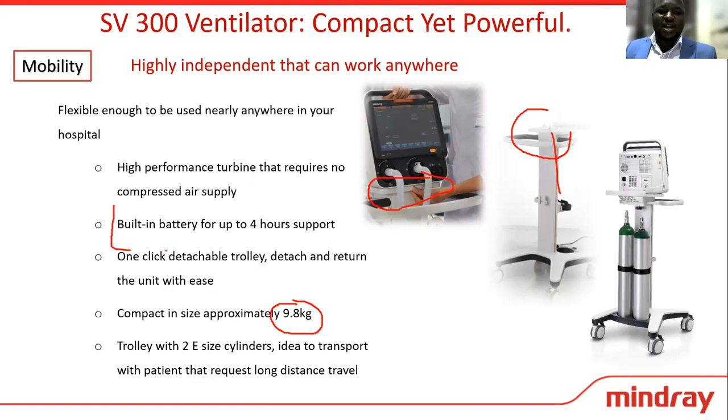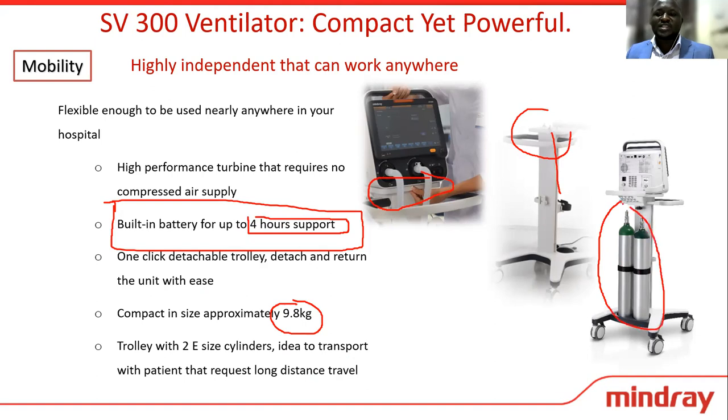And with an inbuilt battery of 4 hours runtime, you're able to manage this patient very well without having concerns that your ventilator will fail. So 4 hours runtime is enough for you to manage your patients very well. Again, you're able to attach the ESI cylinders in case there's failure. You're able to attach this and run your ventilator very well.